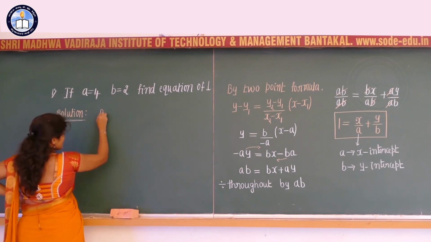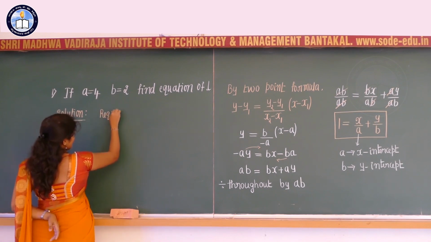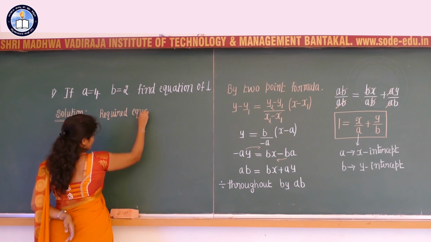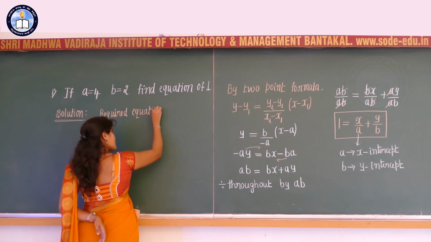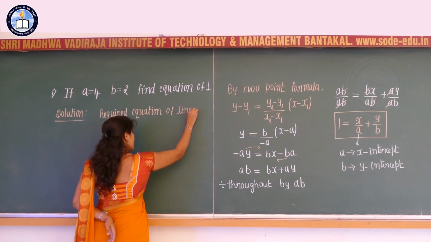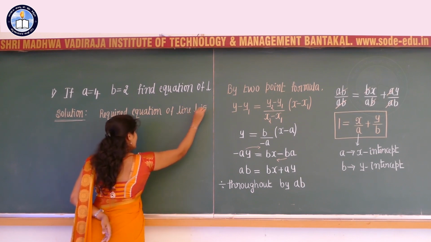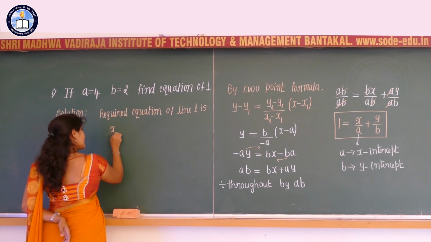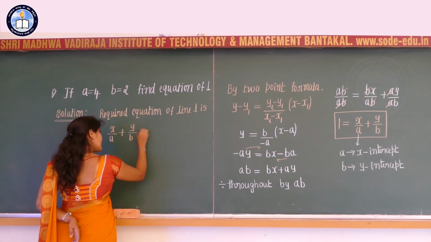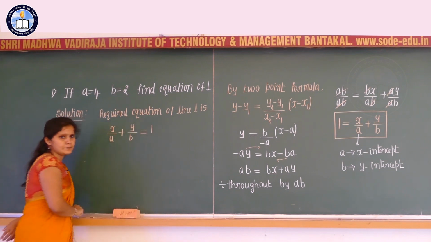So the required equation of the line L is x divided by a plus y divided by b is equal to 1.